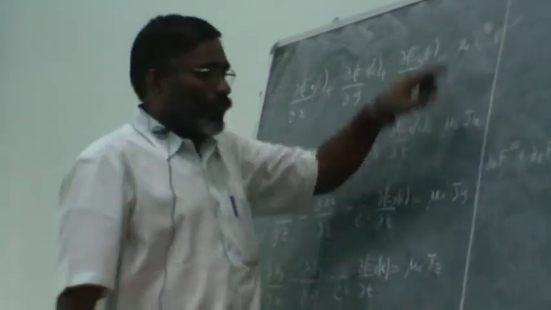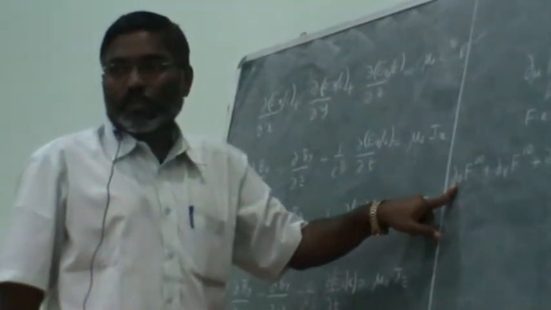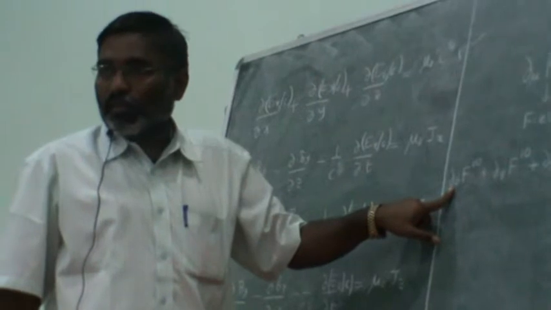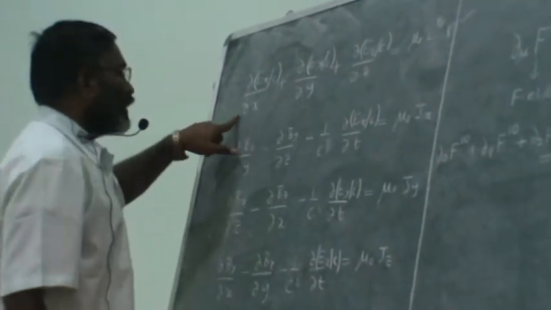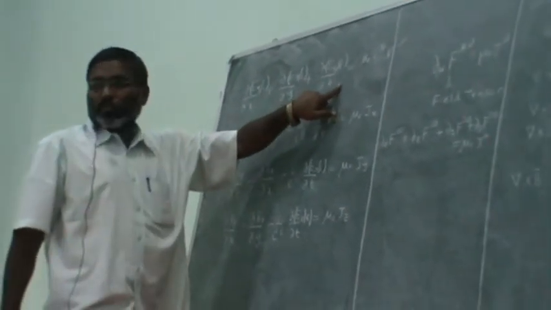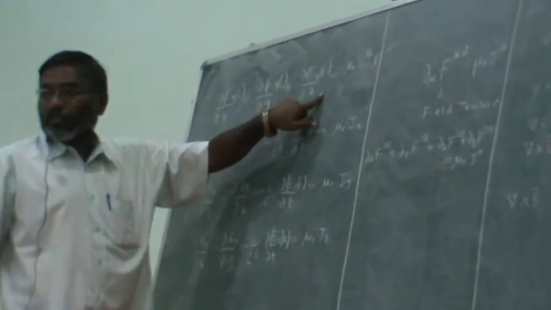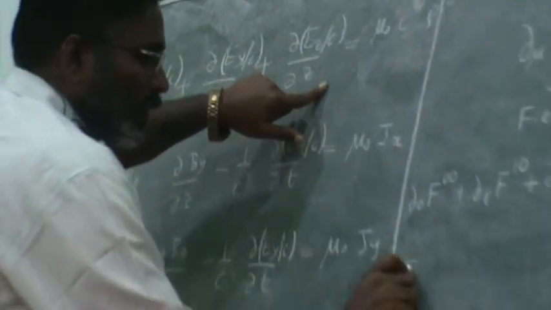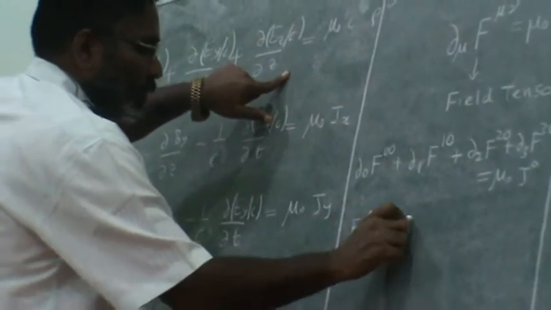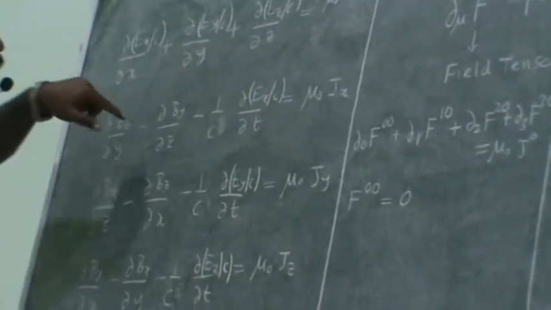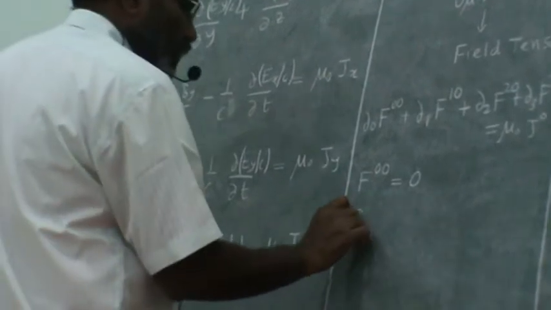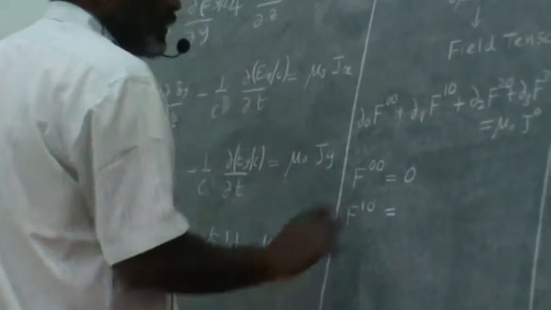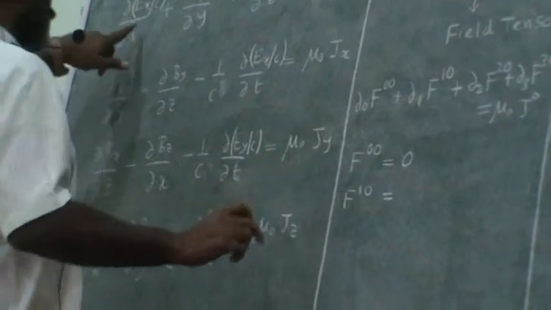Now ∂0 is what? 1 by c times ∂/∂t. So is there any term like that? There is no term like that. Correct? There is no ∂/∂t term in this. So this implies F00 is 0. What about ∂1? ∂1 is the ∂/∂x term. So what is the F10 term? F10 is Ex by c.